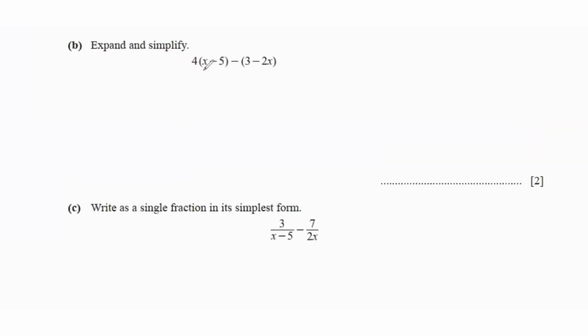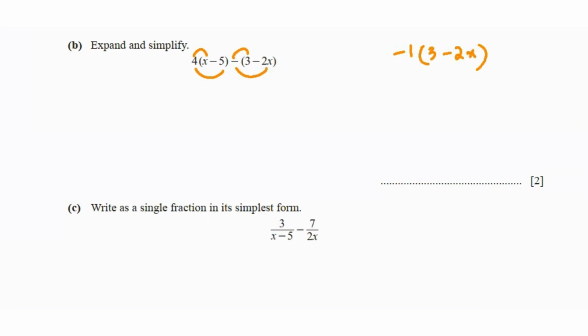Expand and simplify. We're going to multiply 4 with x and 4 with negative 5. Then negative 1 with 3 and negative 1 with negative 2x. If nothing is written over there, that means it's negative 1, always.